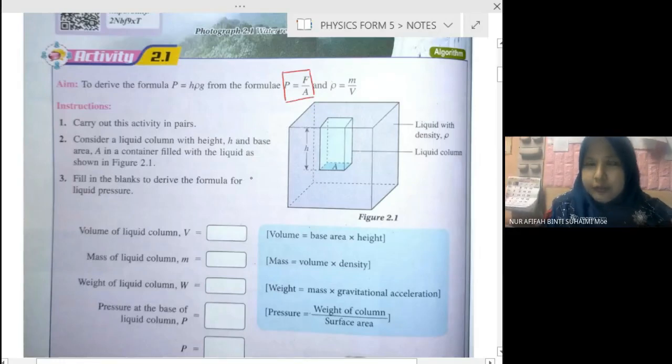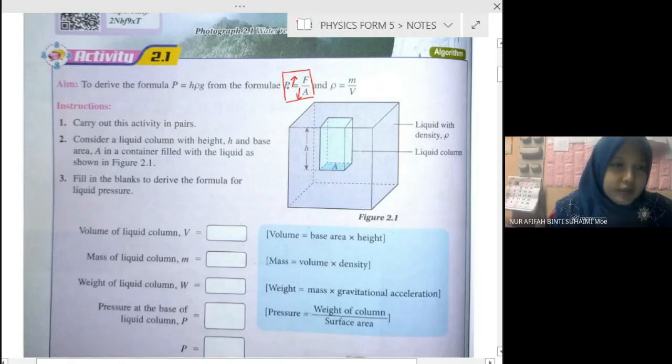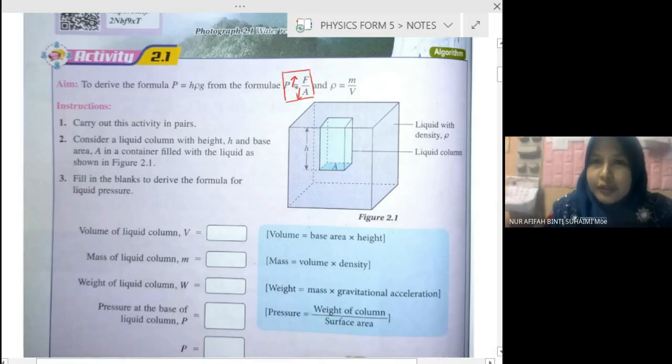So if the area is smaller, pressure will be higher. Smaller area, pressure higher, and vice versa. If surface area is bigger, pressure will decrease. So pressure is inversely proportional to surface area, or area in contact.